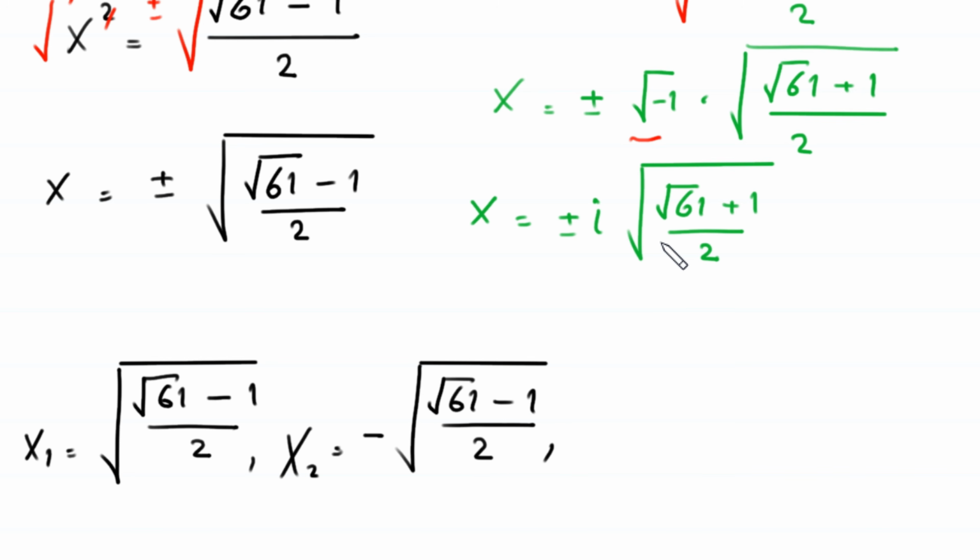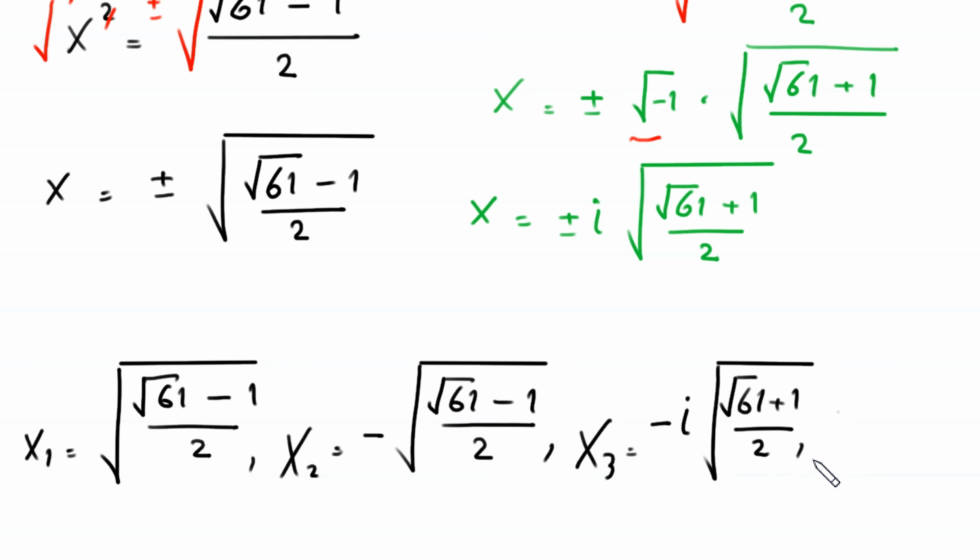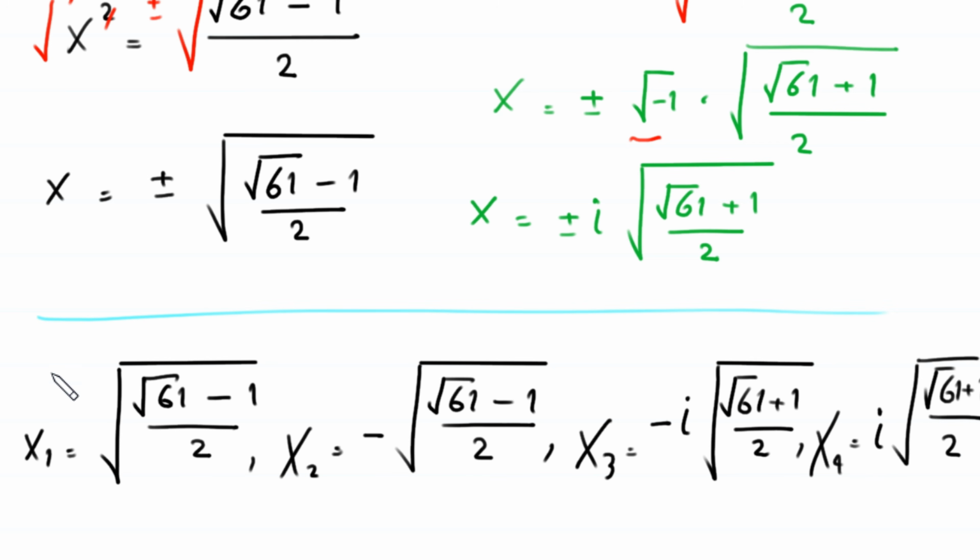And from the other equation we get the other two solutions. x3 is equal to negative i times the square root of root 61 plus 1 divided by 2, and x4 is equal to positive i times the square root of root 61 plus 1 divided by 2. So these are the four solutions for this equation.